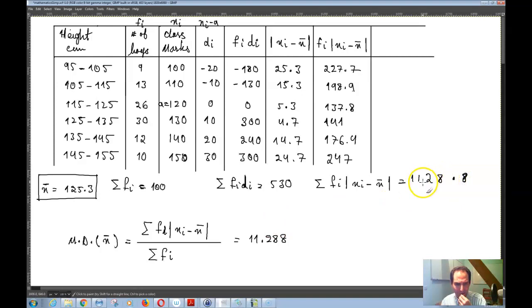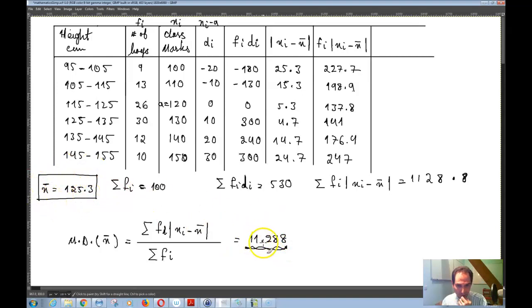This doesn't make any sense. Well, it does, because this is the mean deviation about the mean. Your mean was 125.3, so this number is a fairly small number compared to your mean.